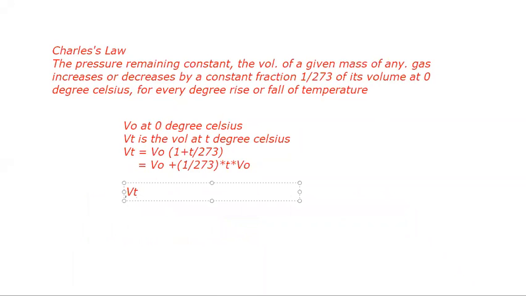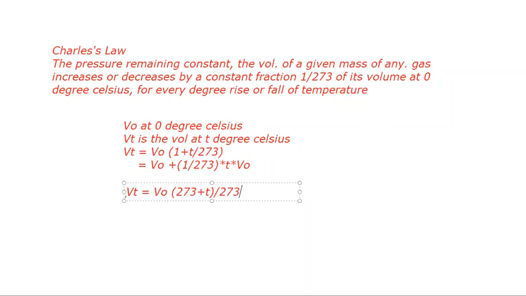Let's do some modifications. Vt is equal to, we can write V0 (273 plus T) divided by 273.